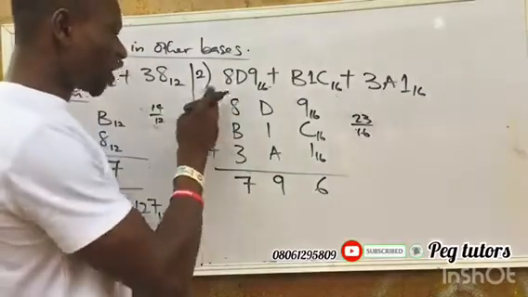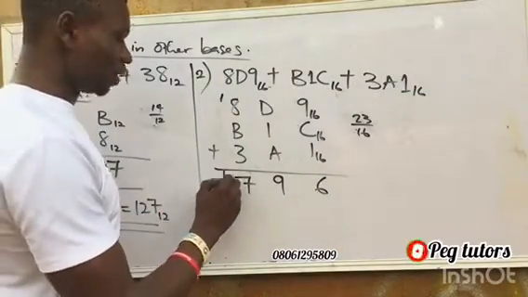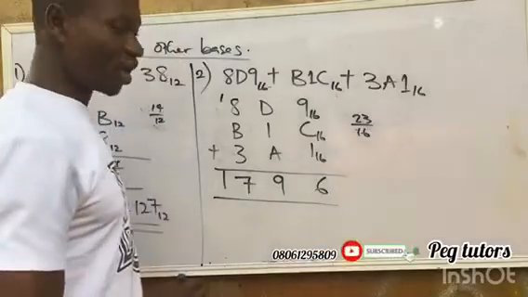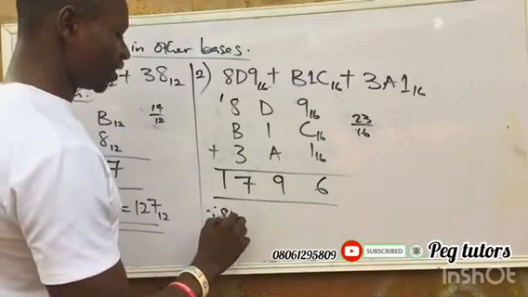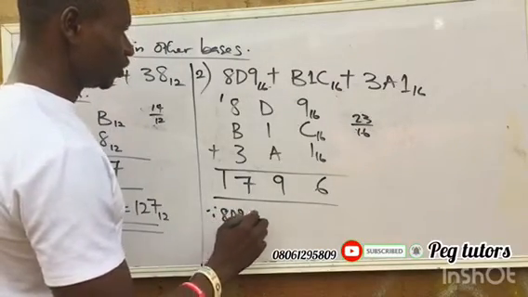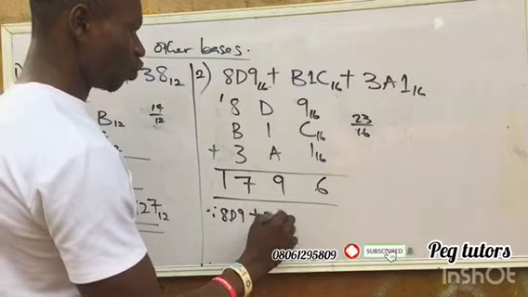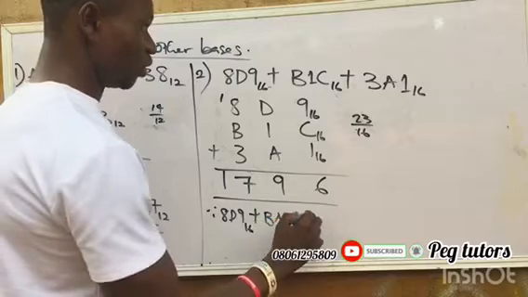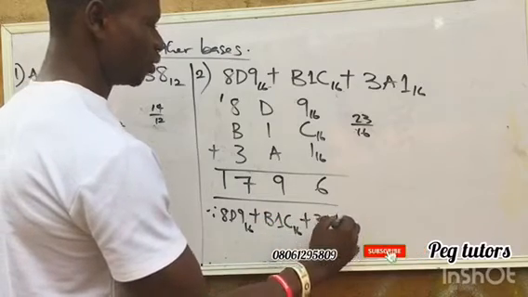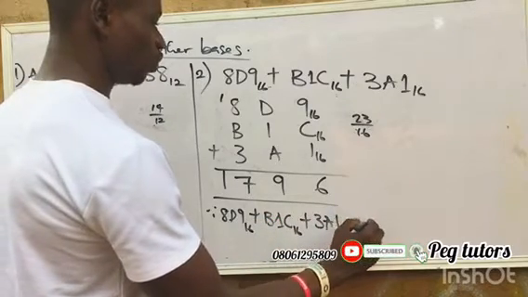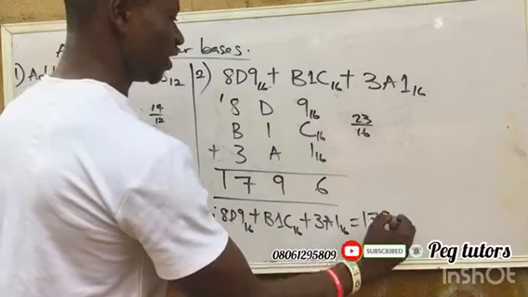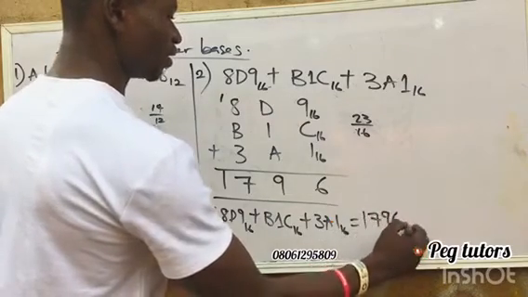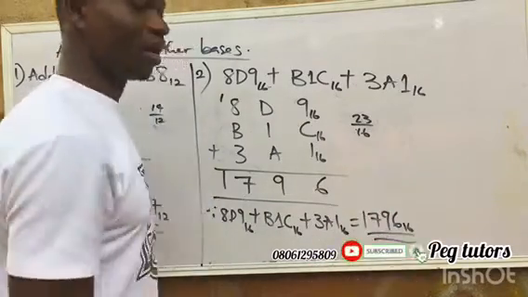But remember, there is nowhere to put the 1 here again, so drop it. And then that becomes your answer. You can now say, therefore, 8D9 base 16 plus B1C base 16 plus 3A1 base 16 will give you 1796 base 16. This is your answer.